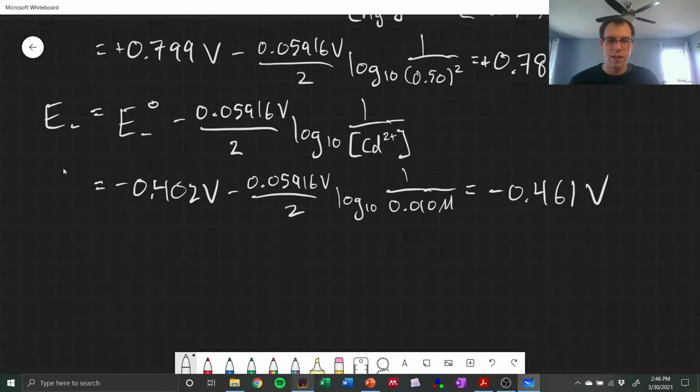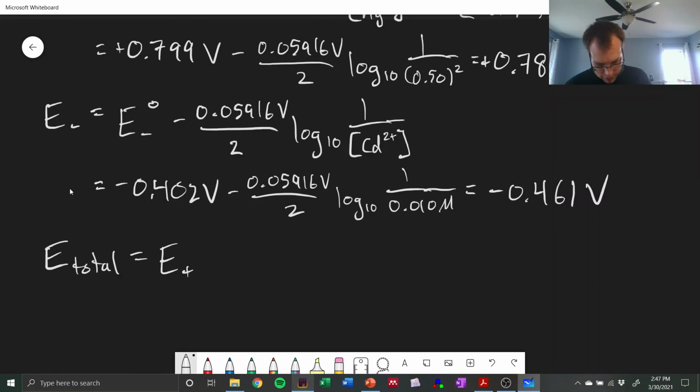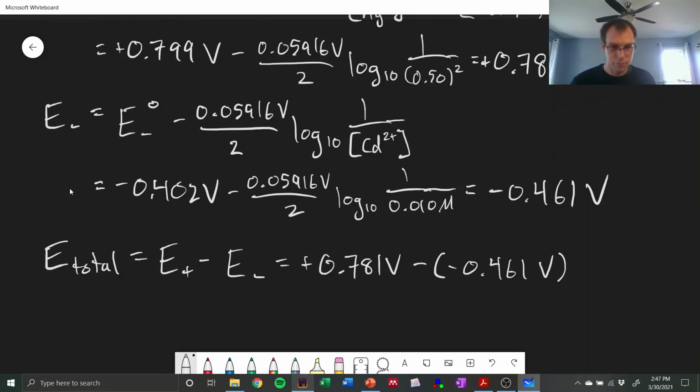Okay, so what is our overall potential? Our E total for this galvanic cell is E plus minus E minus, which is positive 0.781 volts minus negative 0.461 volts.